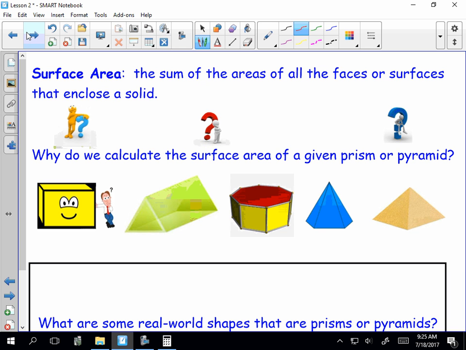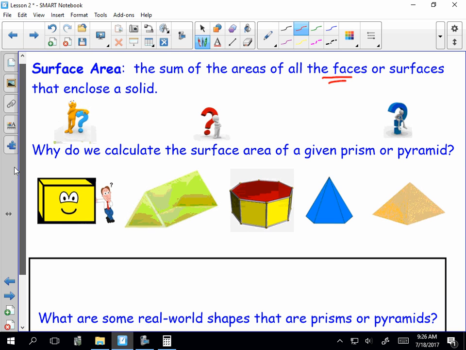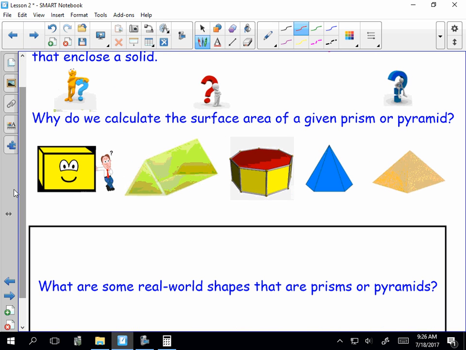And if you think back to one of our earlier lessons, we talked about all the lateral faces. So we have the lateral faces, we need to find the areas of those, and the individual base or both bases in that situation. So why do we want to look at surface area? Any packaging is a surface area situation.